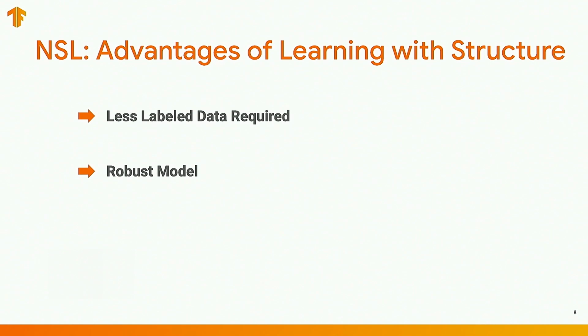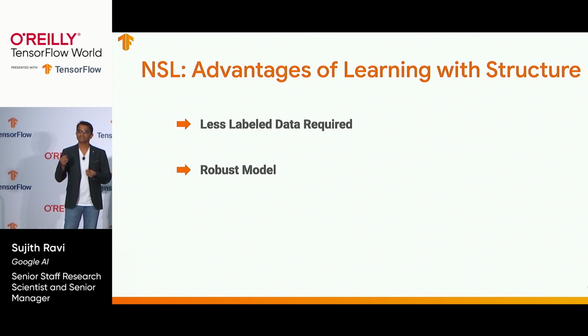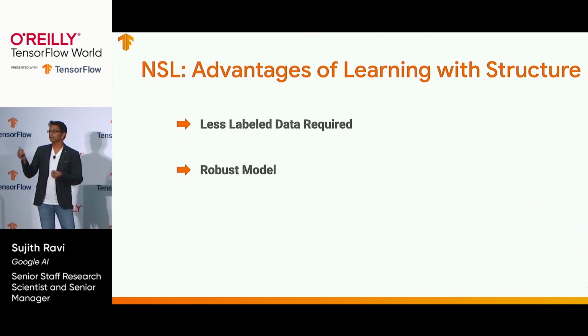And the key advantages, I mean, before we talk about what it does and how we do it, why do you even want to care about it, right? What is the benefit? One of them is, as I mentioned earlier, it allows you to take this structure and use it to train neural networks with less labeled data. And that's the costly process, right?